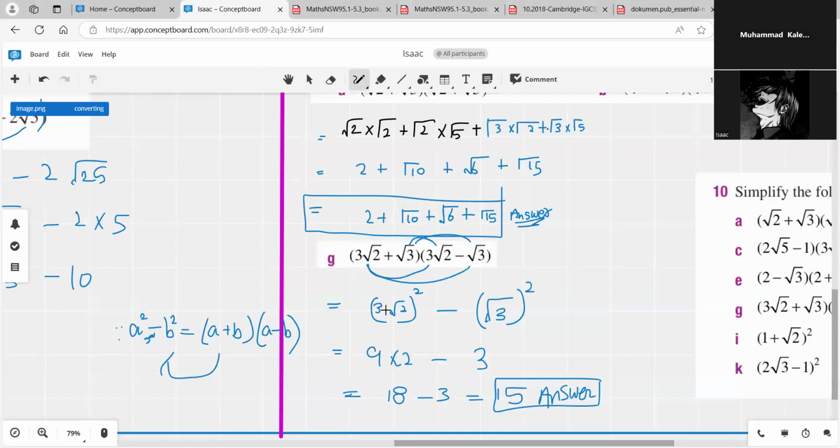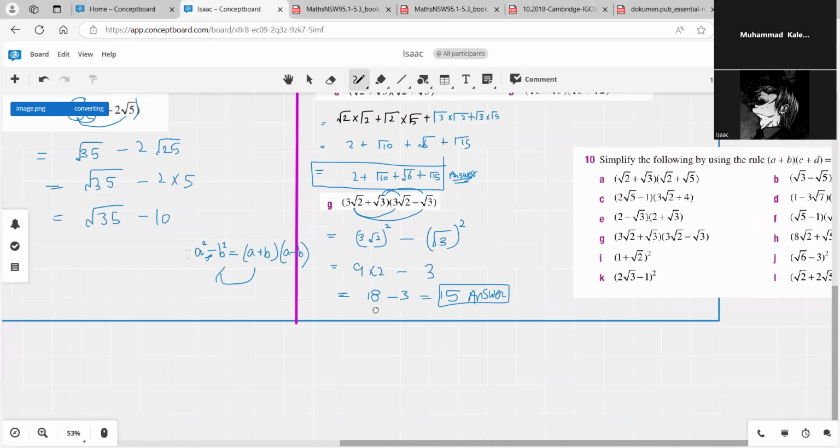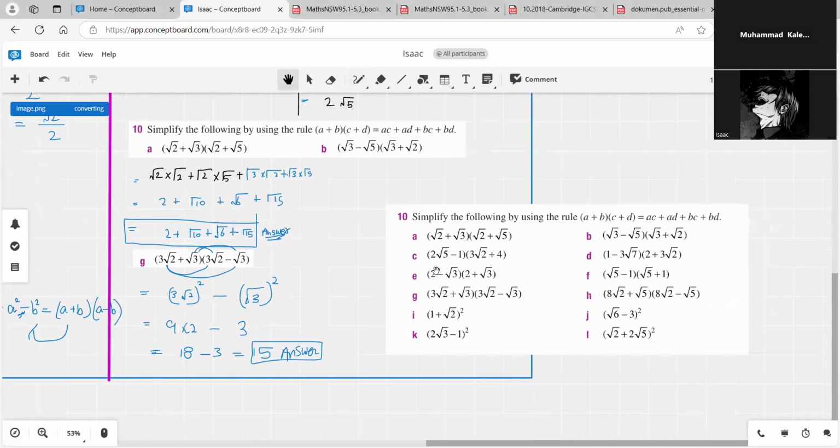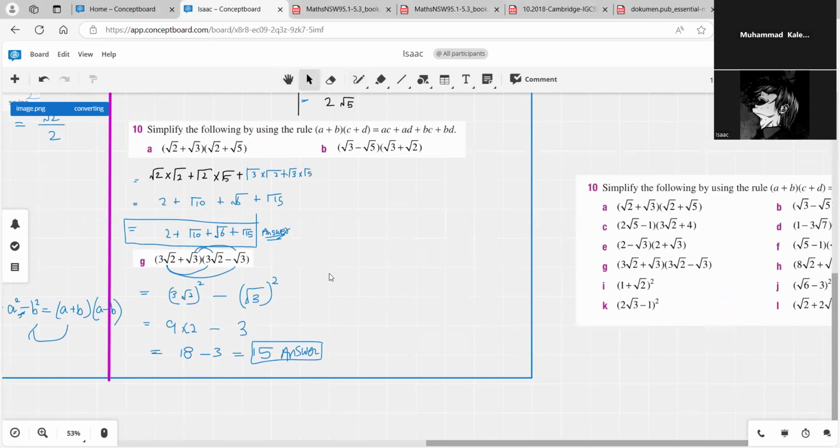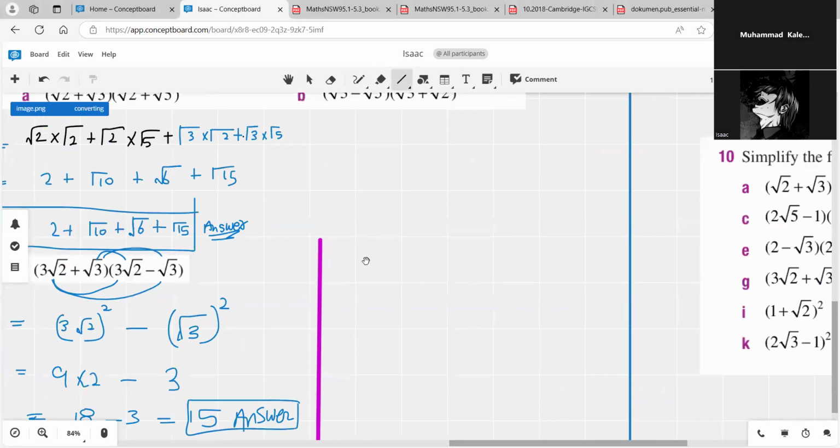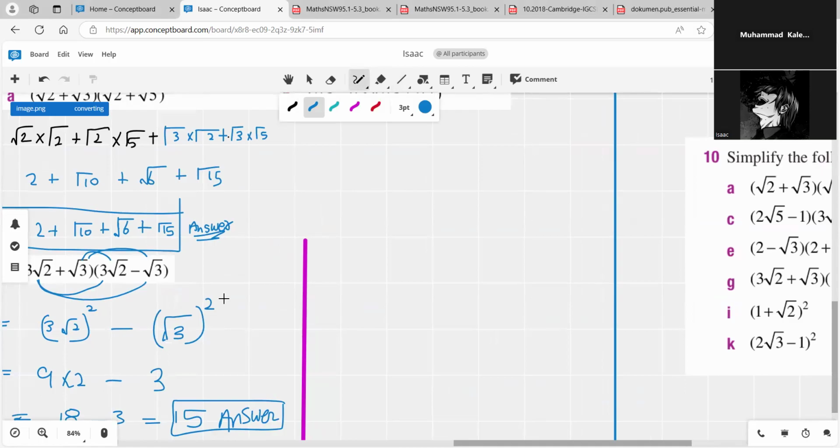Okay, I implemented this formula, but you are using the second way. So let me explain by using that method. Definitely you made a mistake, so you can double check your solution. And I'm going to solve this question by using this first method, or you can say second method.